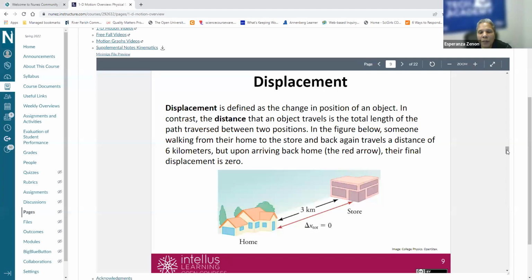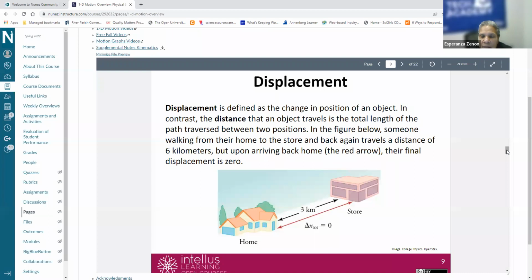Once you've established the position of your object with respect to the reference frame, the next question is, is it moving? How do you know that? Because with respect to your reference frame, the position is changing. And when we look at the change in position of your object, we call that displacement.